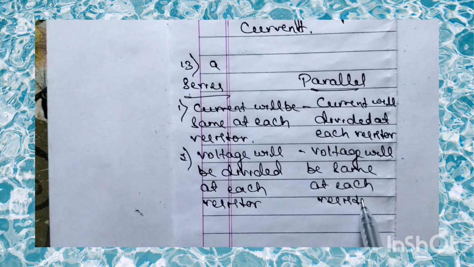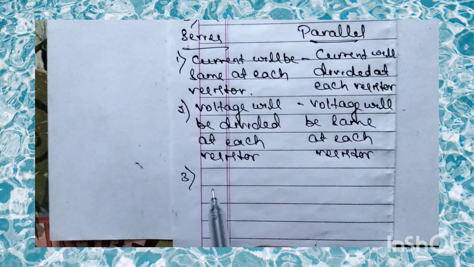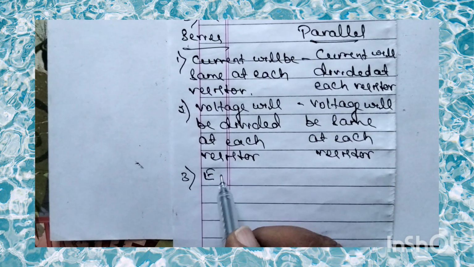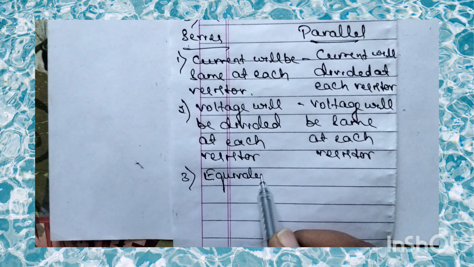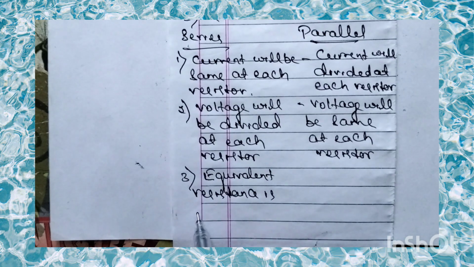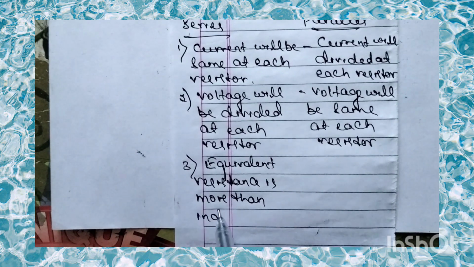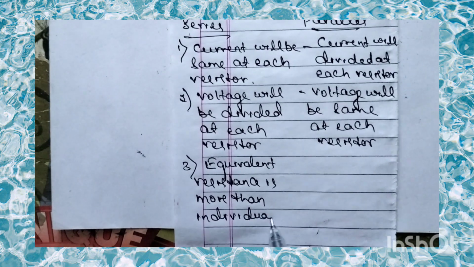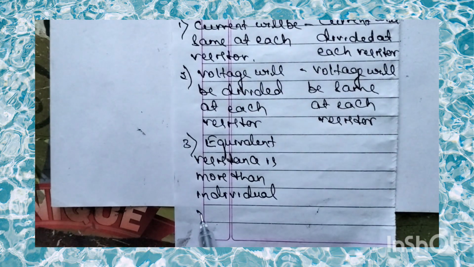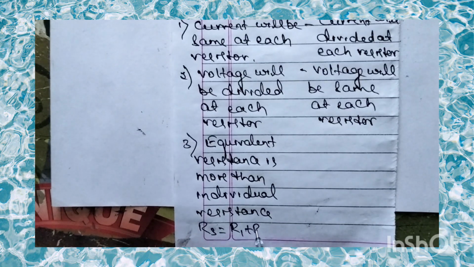The voltage will be same. So this is the second difference between series connection and parallel connection. Then coming to the third one, equivalent resistance is more than individual resistance. Equivalent resistance is more than individual resistance. Therefore, Rs is equal to R1 plus R2 plus R3 plus so on.